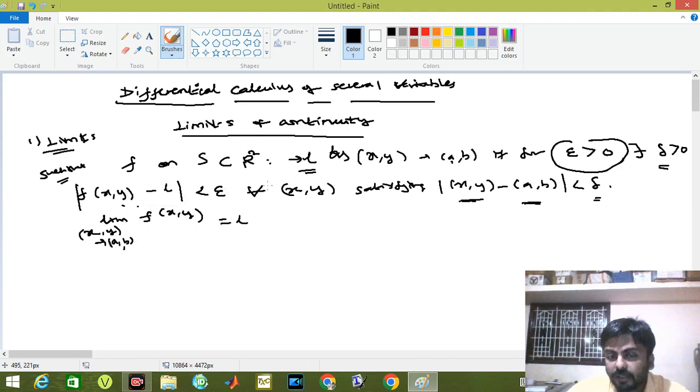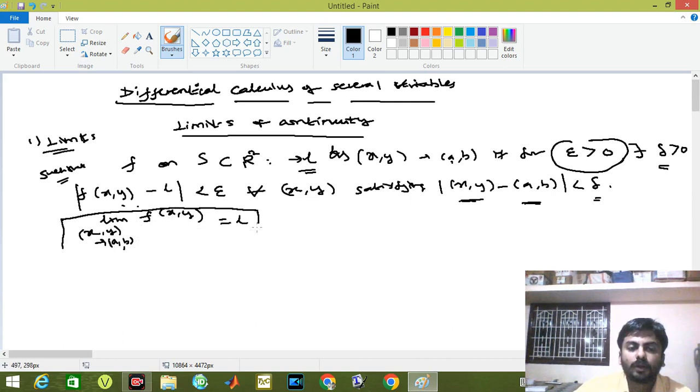If these two conditions are satisfied, then we can write limit as x comma y tends to a comma b of f of x comma y equals L. This is the definition, the rule to find the limit, or to say whether the limit exists or not. If it is not equal to L, the limit does not exist. So then what do you mean by continuity? Continuity is also very simple.